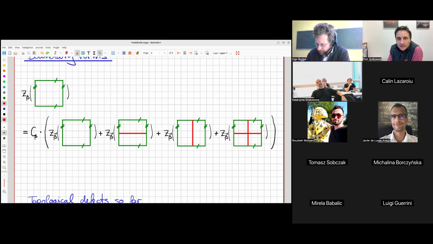Is the Z_B tilde for the horizontal line different than for the vertical line? Yes, these will be different. If I have m times n lattice sites, the difference is in the number of lattice spaces. Of course, if m is equal to n, then these two expressions would be the same. Thanks.